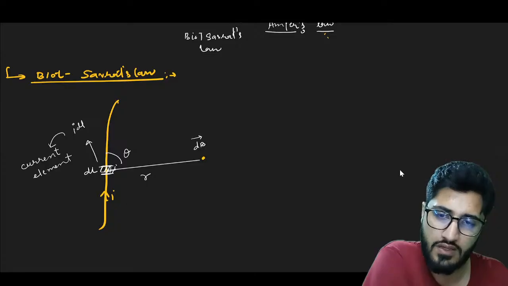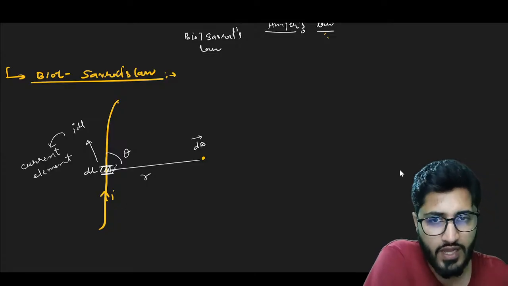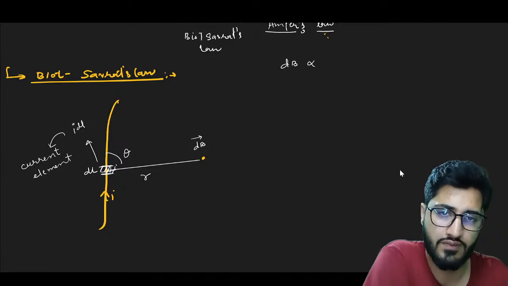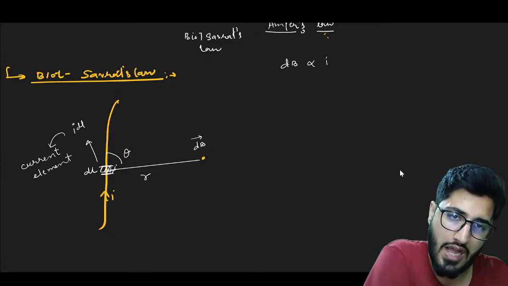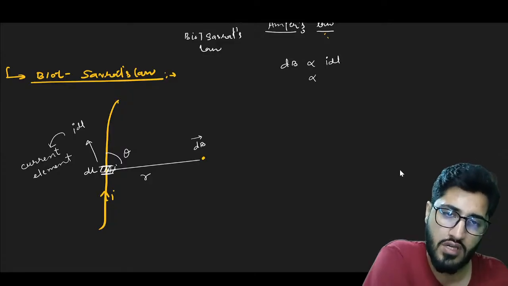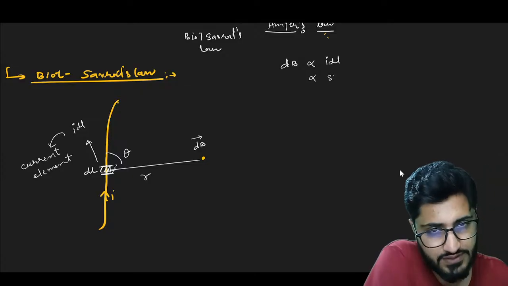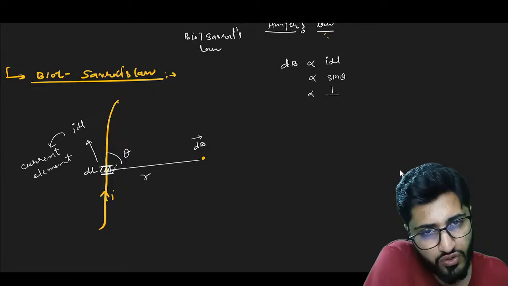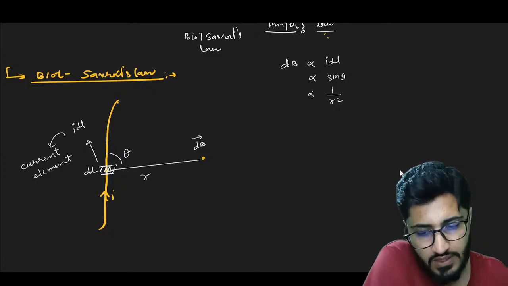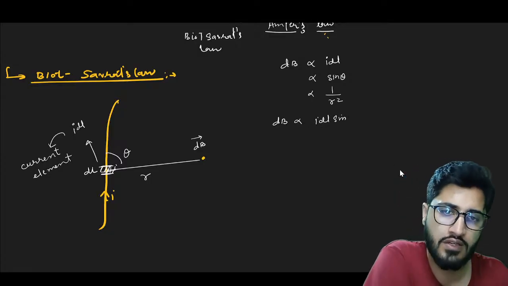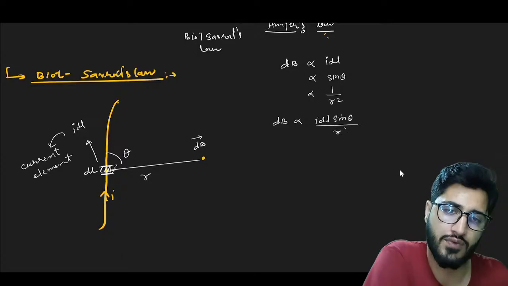So according to the law, this small magnetic field is proportional to the I dl current element, proportional to the angle theta, that means sine theta, and inversely proportional to the square of the distance between them. Combining all these, I can write dB proportional to I dl sine theta by r square.